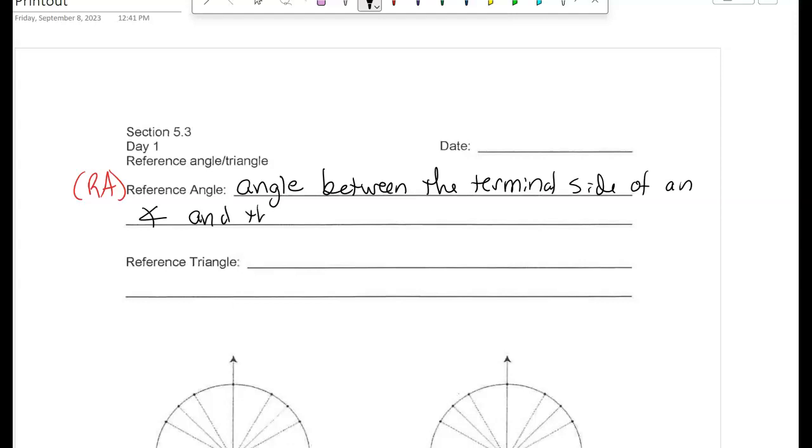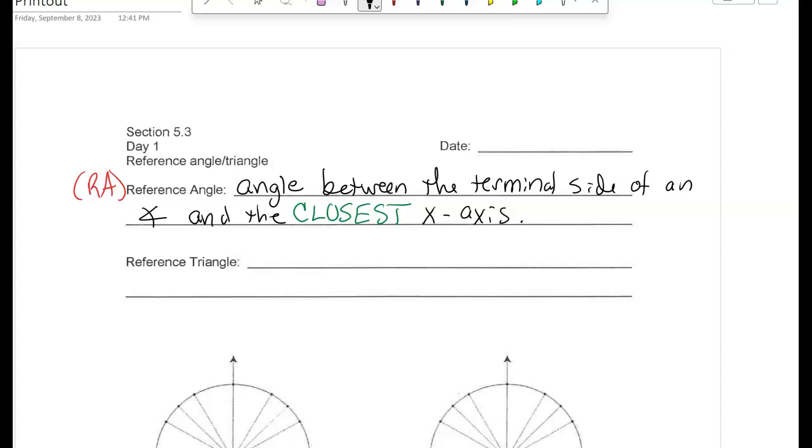And this is the key part right here. And the closest, see if I can spell closest right today, x-axis. Okay, write the definition down, and then we're going to do a couple examples of this.